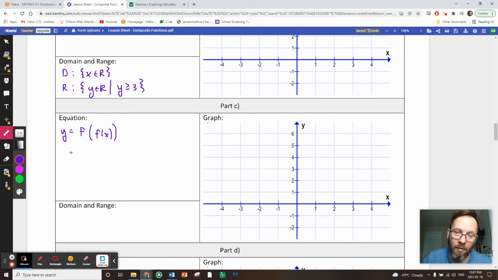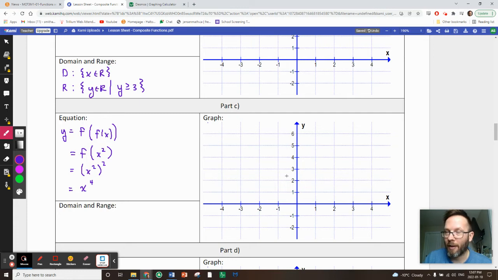What is f of x? It's the basic quadratic parabola, x squared. And so where we see an x, we're going to plug in x squared. So that original function is x squared. We're replacing x with x squared, we have x squared squared, which gives us x to the power of 4.